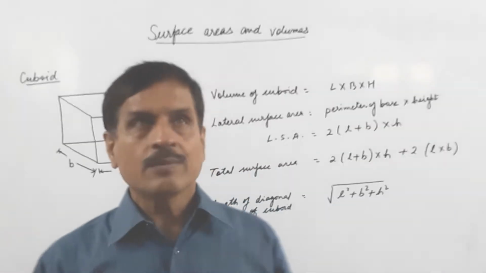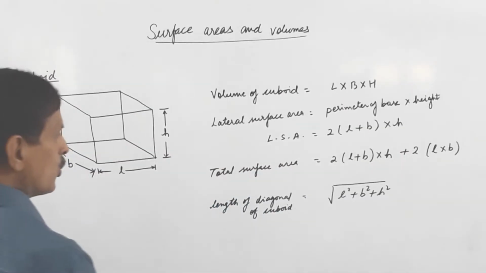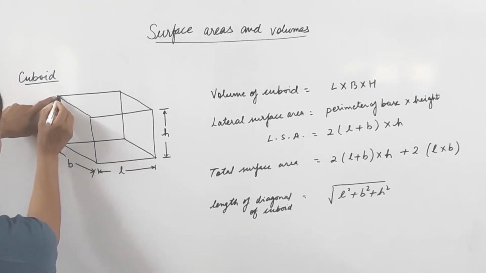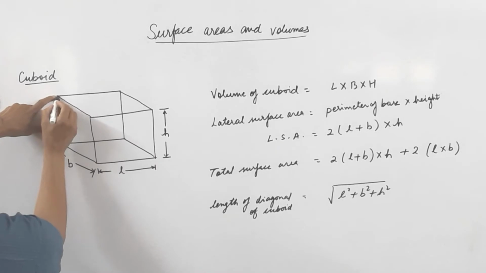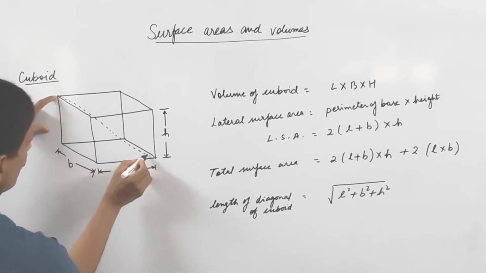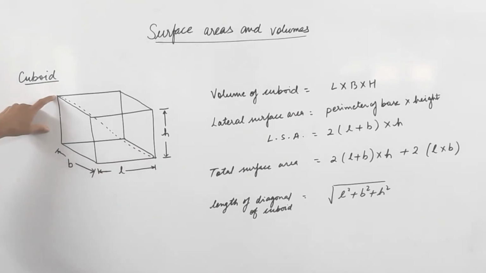So diagonal of the cuboid is the length which is shown by the dotted line.